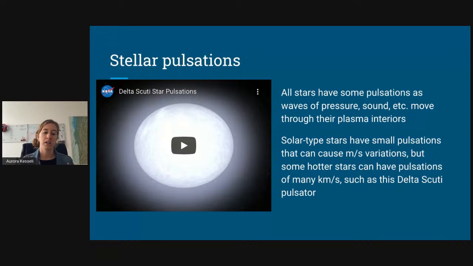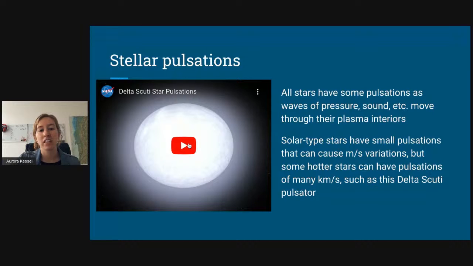This is not related to radial velocities, but this is how we do astroseismology, by looking at these pulsations of the stars. But these pulsations also cause meters per second variation on most stars, and can cause up to kilometer per second pulsations on some of these pulsator stars.